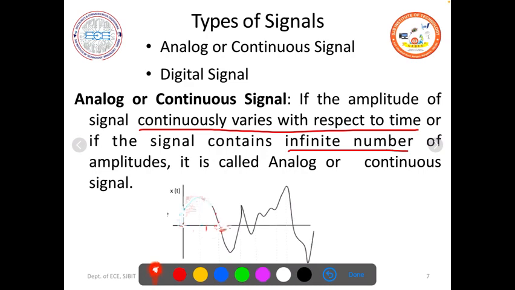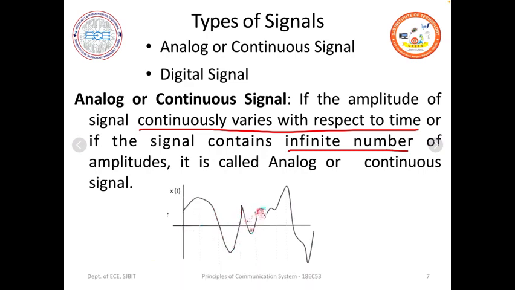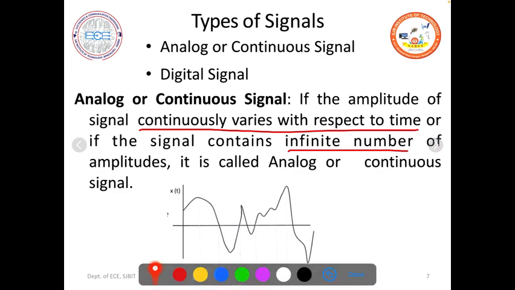You can see in the diagram, the amplitude is continuously varying with respect to time. So these types of signals we call analog signals, or continuous signals.